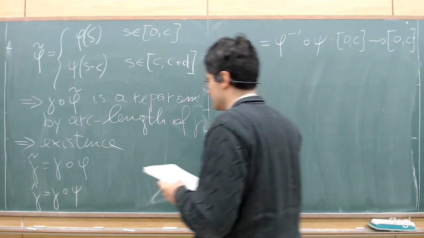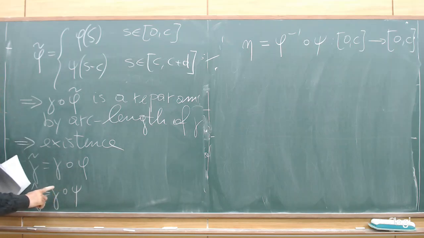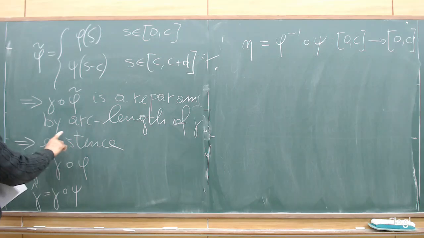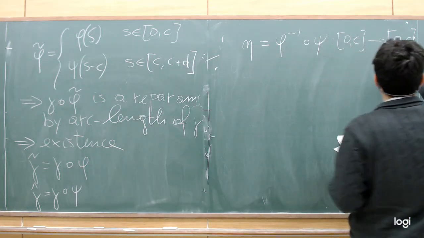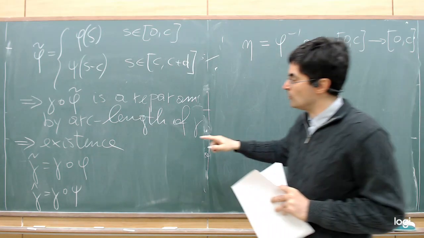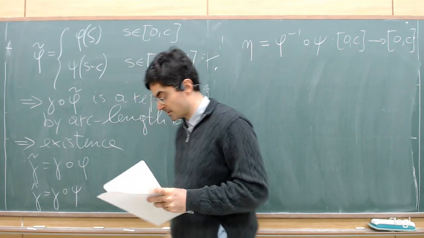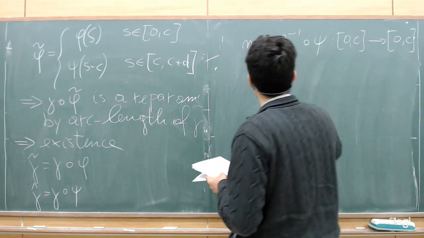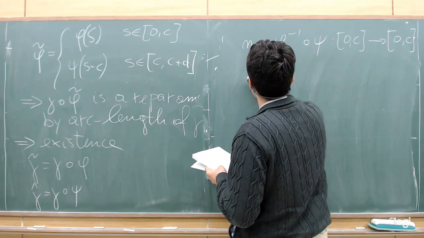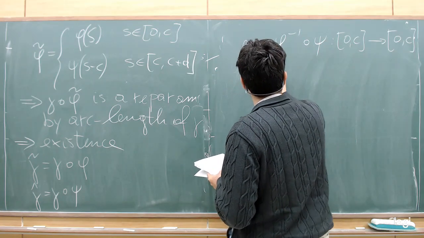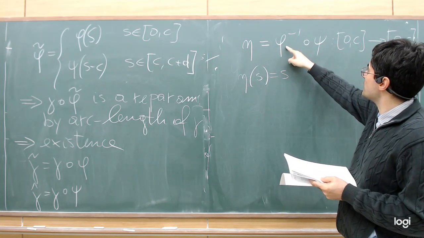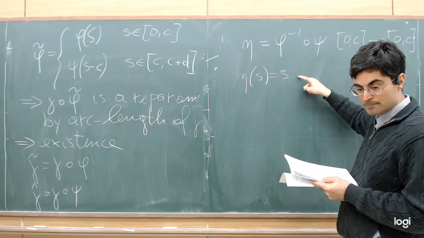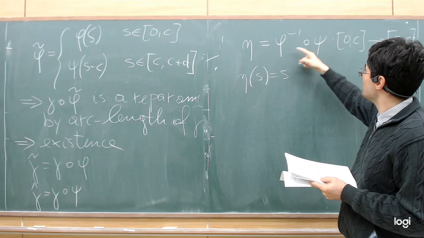Of course, phi and psi are not these two maps, but they are two distinct reparameterizations by arc length, and [0, C] is the domain of definition of phi and psi. So we want to prove that eta of s is s, that is, the composition of the inverse of phi with psi is the identity map, and this means that psi and phi coincide.